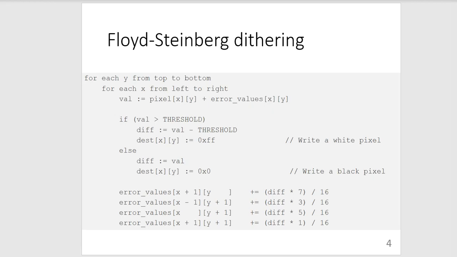The algorithm. The original benchmark source code only works on grayscale images, so let's define the algorithm on grayscale images. The algorithm itself is quite simple. You have 3 buffers: the original image, an error diffusion buffer, and the destination image.